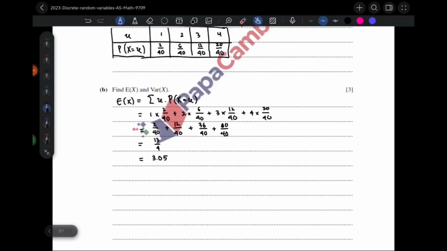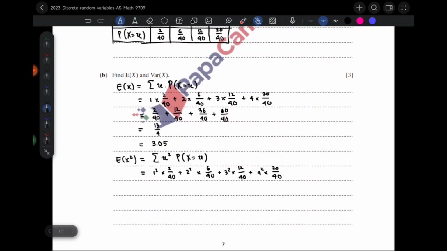Okay, and for the variance, we need to find the value of E(X squared) first. I'm gonna quickly find this value: sigma x squared times probability X equals x. So this is 1 squared times 2 over 40 plus 2 squared times 6 over 40 plus 3 squared times 12 over 40 plus 4 squared times 20 over 40.